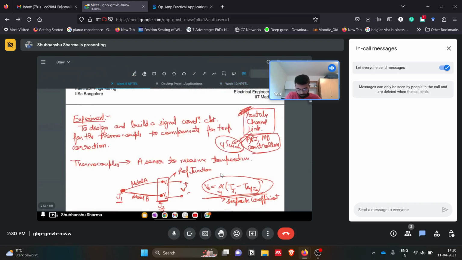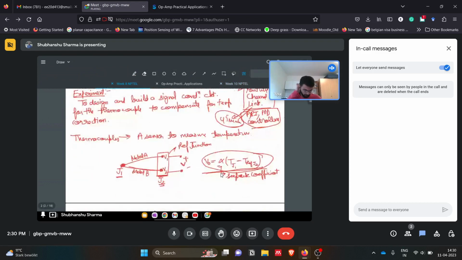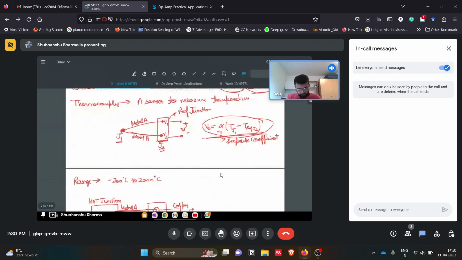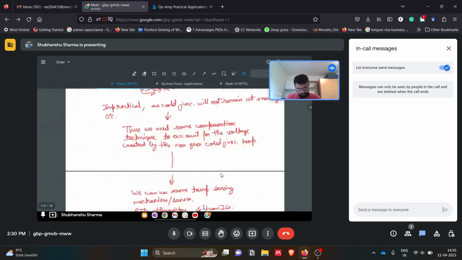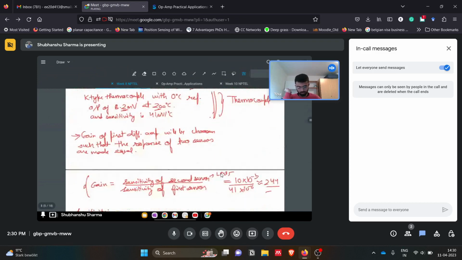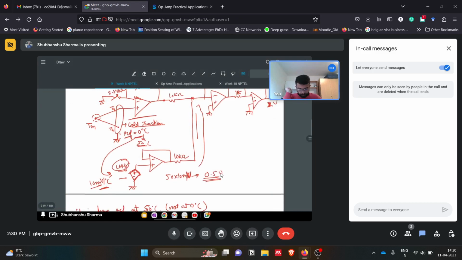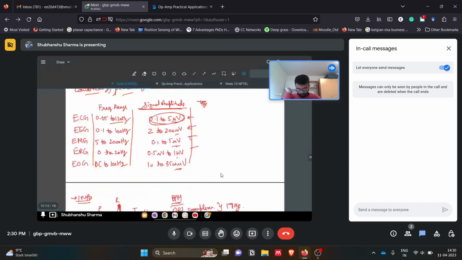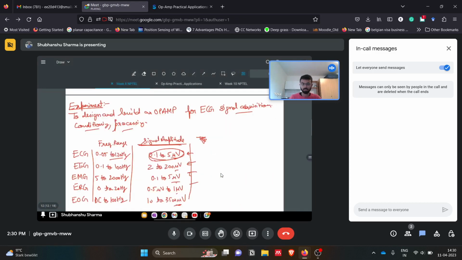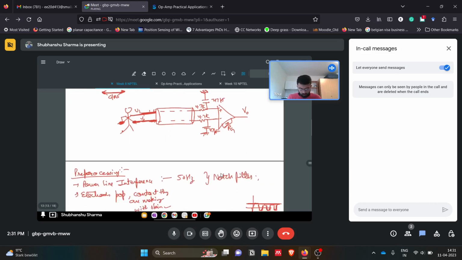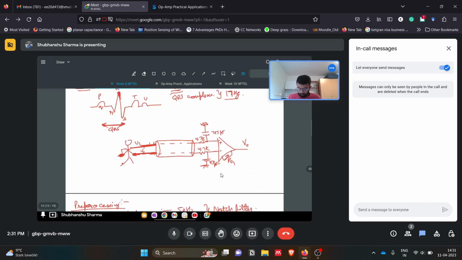In week 8 we went through designing a thermocouple, and how we designed the control systems and the different controllers which we use for that. Then we also looked at the ECG signal acquisition circuit, and we tried to acquire the beats per minute, which is also the QRS complex.